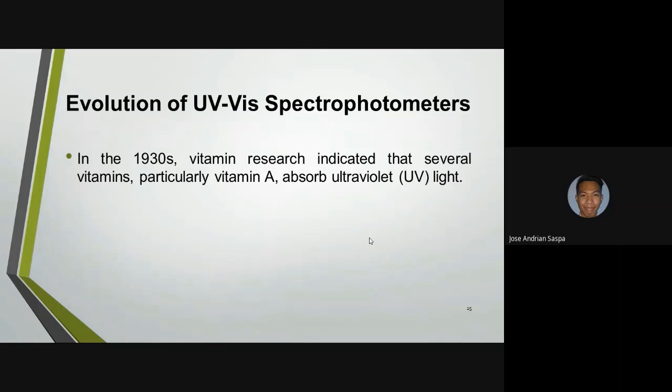So they came up with the idea to create an instrument to determine the ultraviolet absorbed by a substance, for example the vitamins, particularly vitamin A.